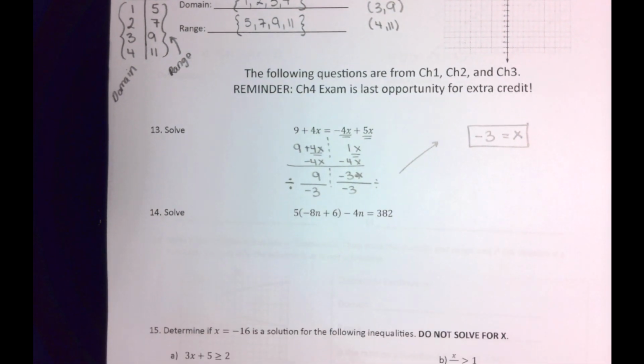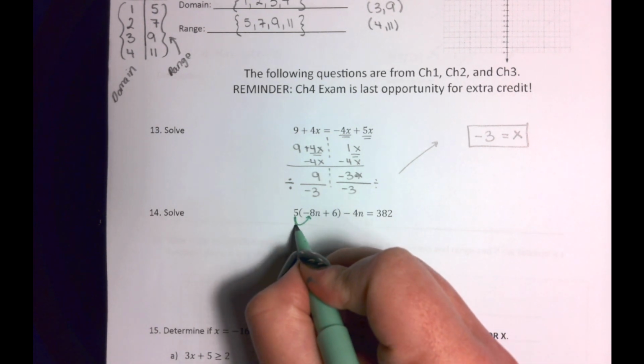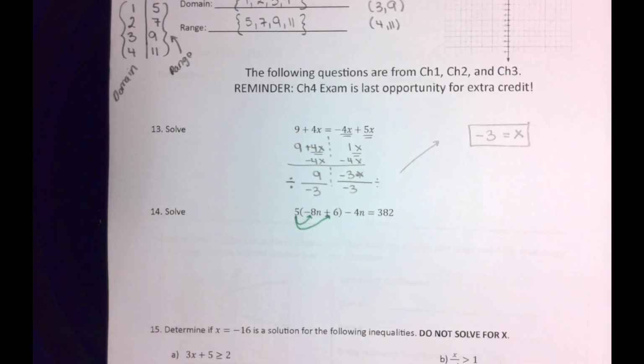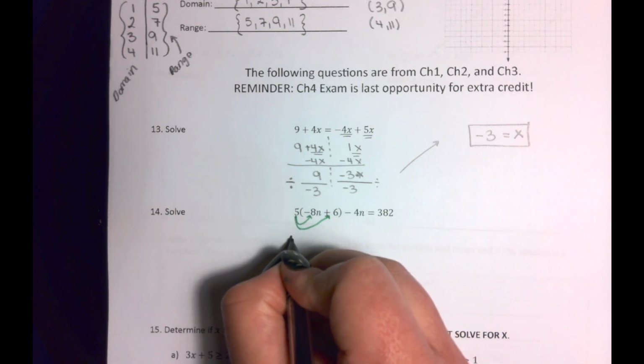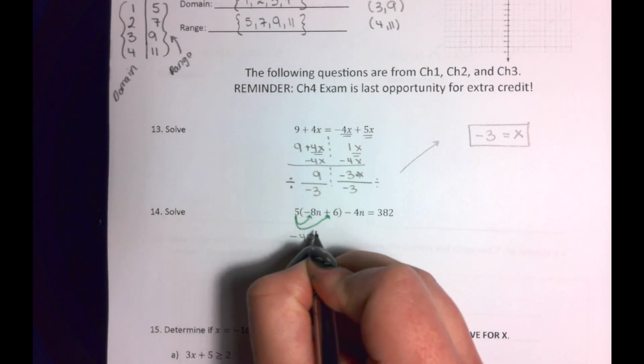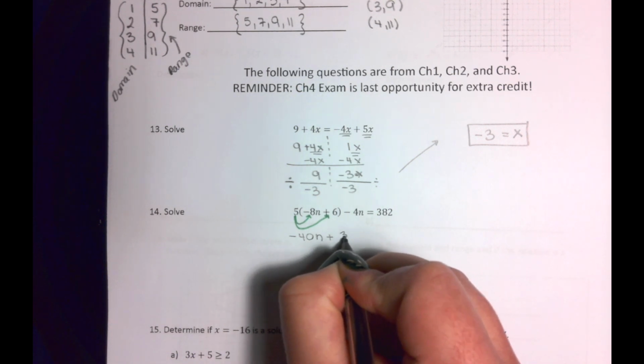Next, we also have solve. Here we have parentheses, so we're going to need to distribute that 5. So 5 times negative 8, 5 times positive 6. 5 times negative 8 is a negative 40n. 5 times a positive 6 is a positive 30.